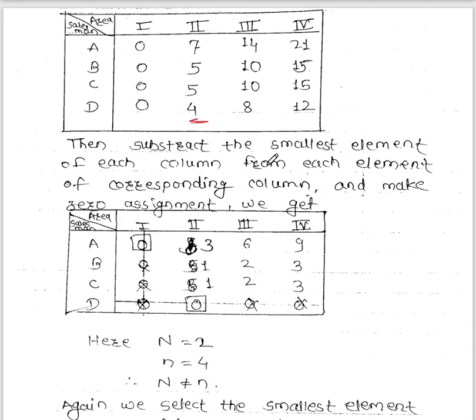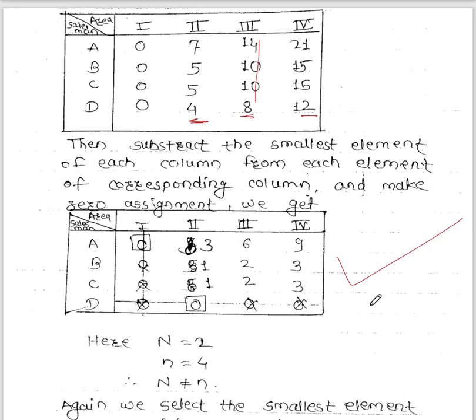In the third column, the smallest element is 8, so we subtract it: 14 minus 8 is 6, 10 minus 8 is 2, 10 minus 8 is 2, and 8 minus 8 is 0. In the final column we subtract 12, so you will get 9, 3, 3, and 0. In this way you can find this table.